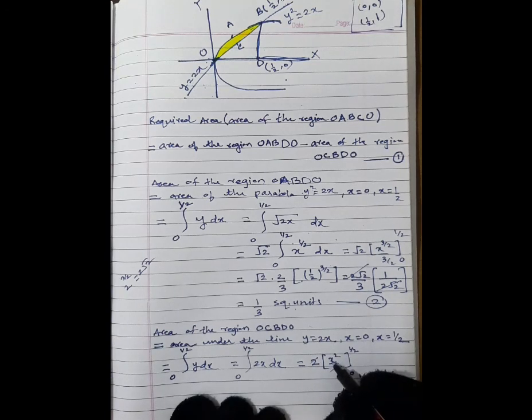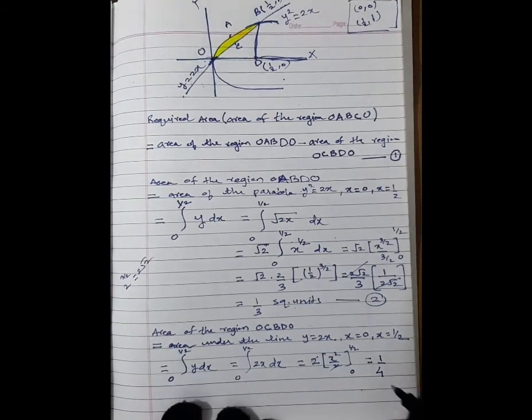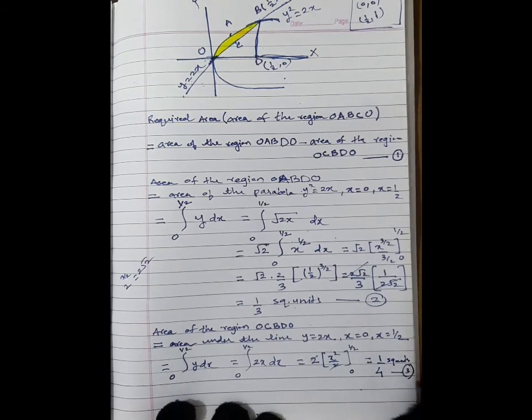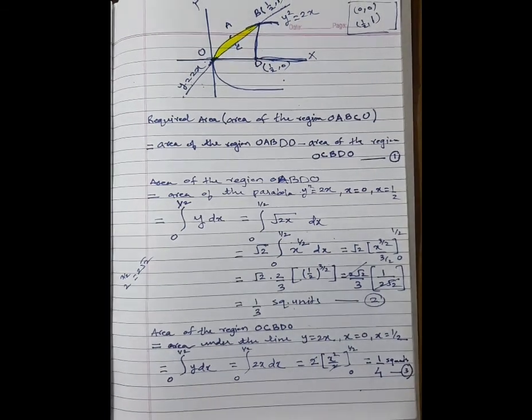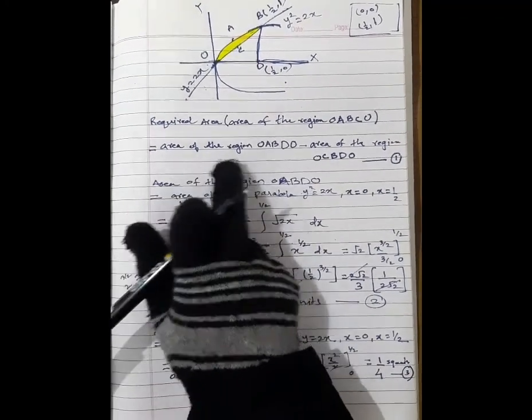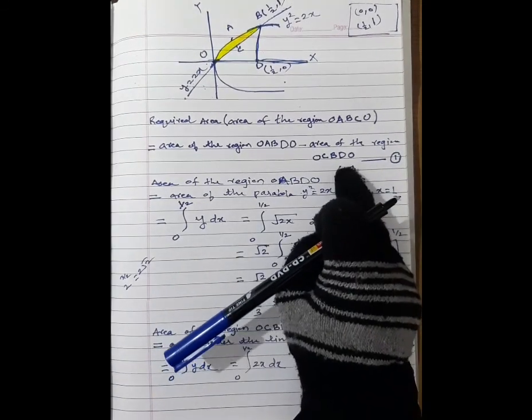So 1 upon 2 square means it is 1 upon 4. Area is coming here 1 upon 4 square units. So mark this as 3. So here students, these two part areas are coming. First area of the region OABDO and next area of the region OCBDO.